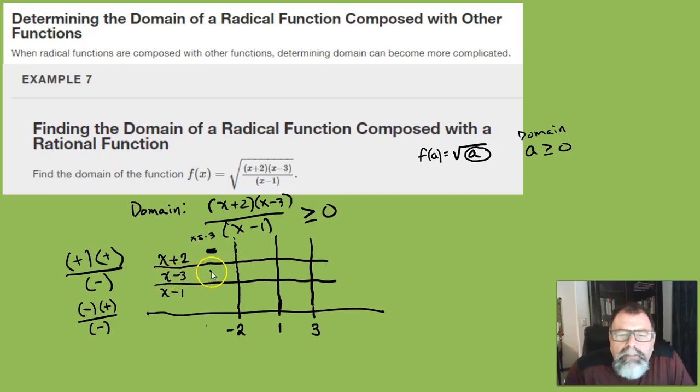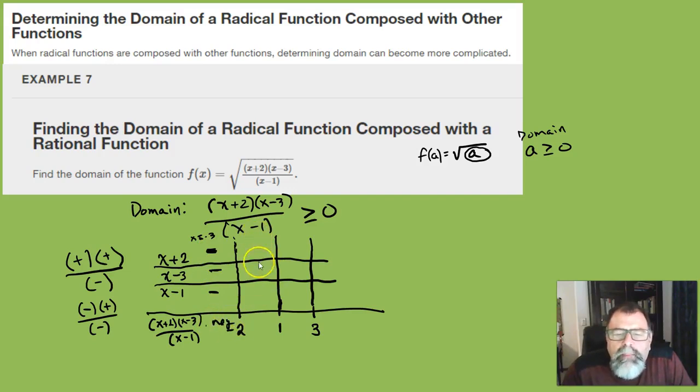Negative 3 minus 3 is negative. Negative 3 minus 1 is negative. And so our rational expression then, if x is any number between negative infinity and negative 2, is going to be a negative times a negative divided by a negative, which will be a negative number.